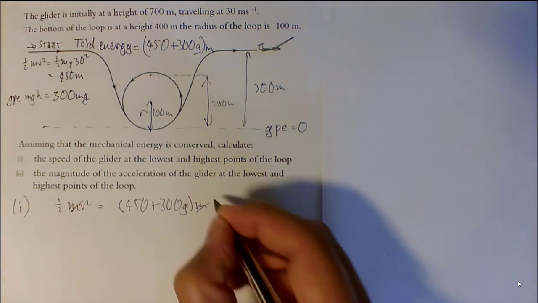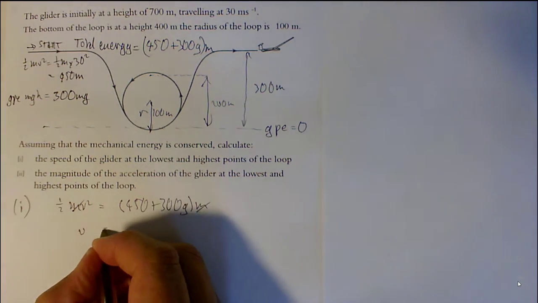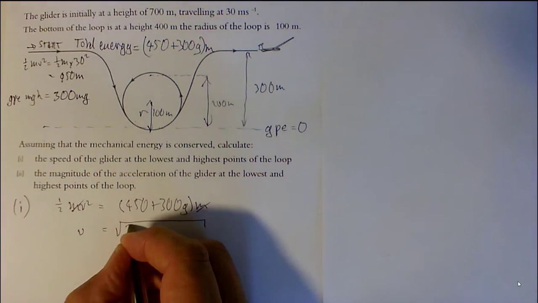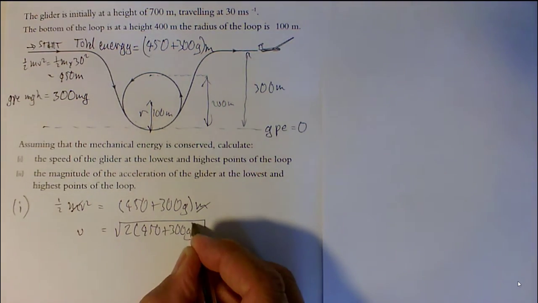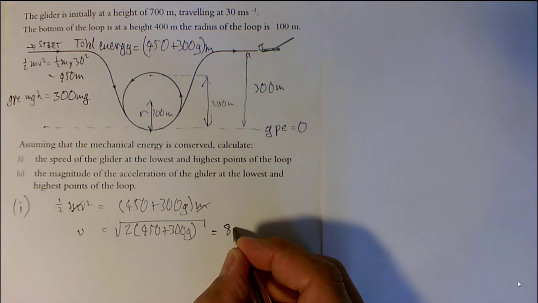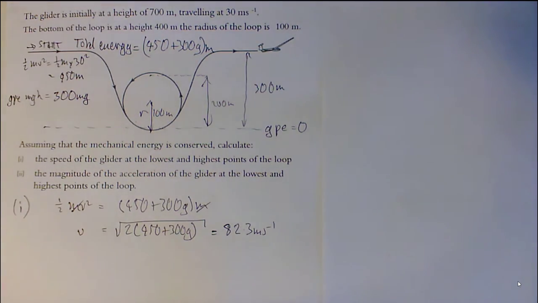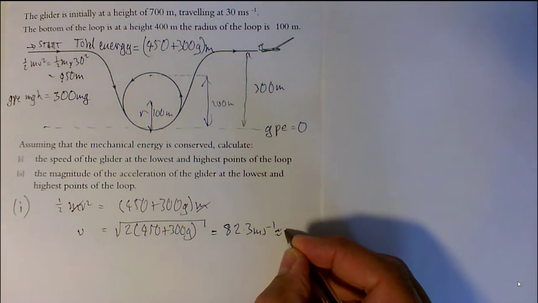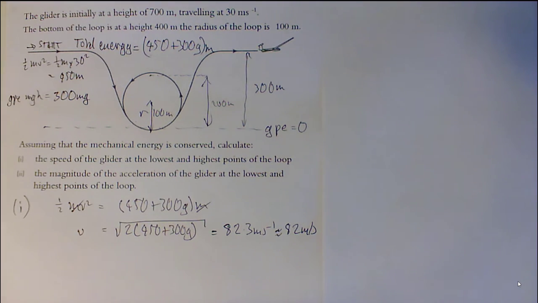We can cancel out the m's, multiply the 2 across and square root, and get v equals the square root of twice 450 plus 300g. And this comes out as 82.3 meters per second. I think that's the same as the answer in the back of the book. Personally, I would rather call that 82 meters per second, but either one is fine. So that's its velocity at the lowest point in the loop.